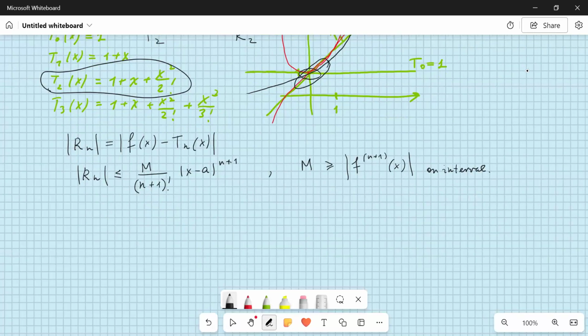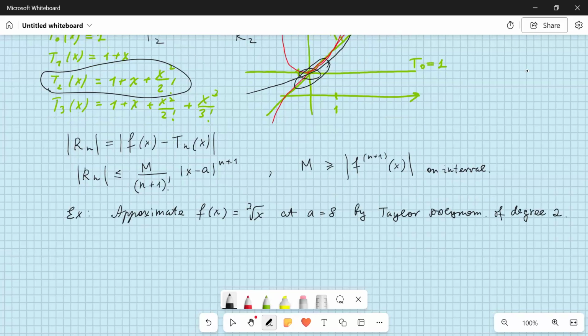Well, let's try to find a Taylor polynomial for a function. Consider an example. Approximate f of x equals cubic root of x at a equals 8 by a Taylor polynomial of degree 2.